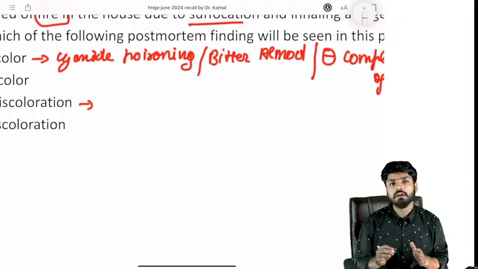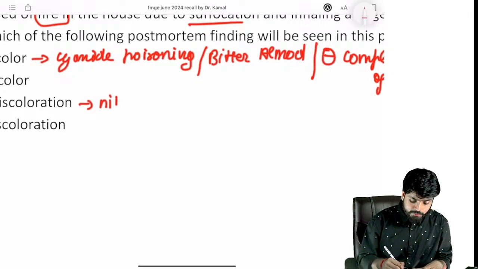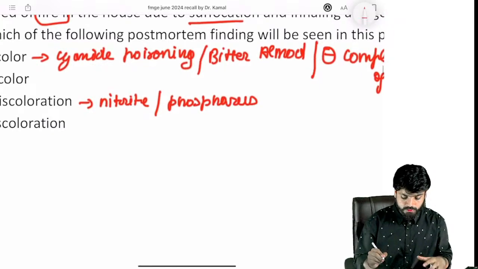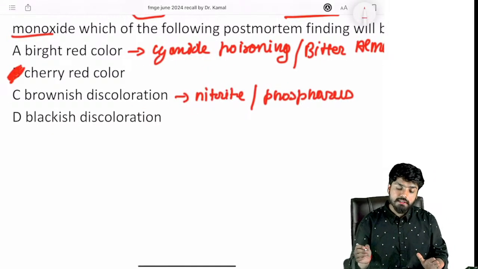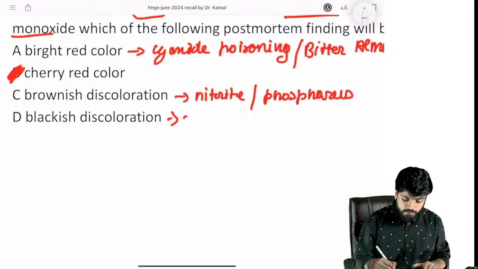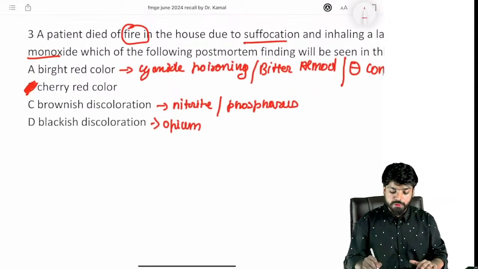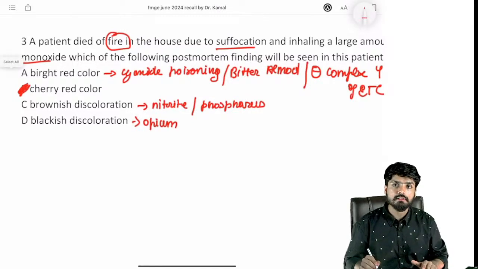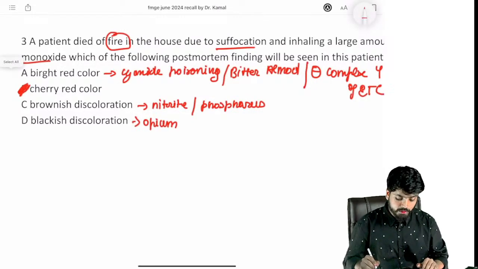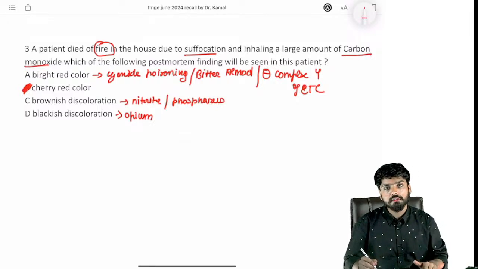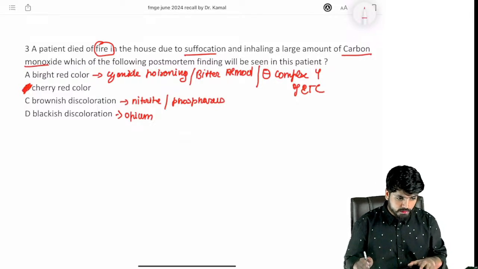Just to briefly tell you, it can be nitrite poisoning, it can be phosphorus poisoning. For blackish discoloration, you can simply remember it by opium poisoning, opium overdose. After that, if the patient dies, the color of the patient's skin will be blackish discoloration. So this question was quite easy. It's just a straight factual question that you have to remember.